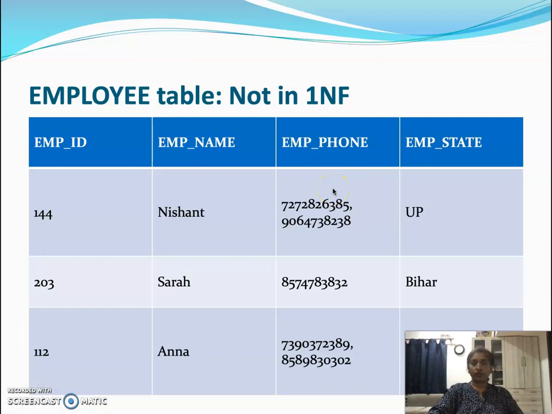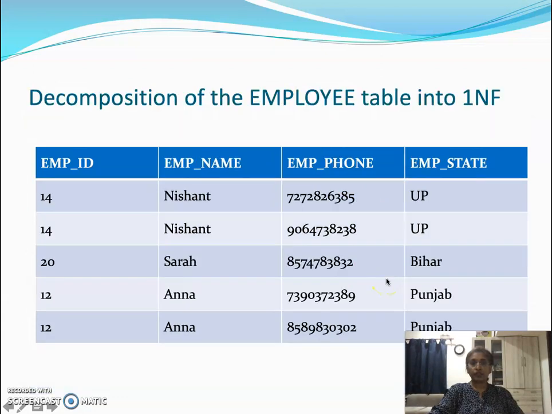Let's go to the table which is now converted into 1NF. Here we see that EMP ID, EMP name, EMP phone and EMP state all are rearranged in this manner. Here each column contains atomic values. All the columns contain atomic values.